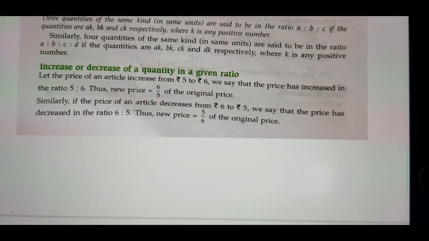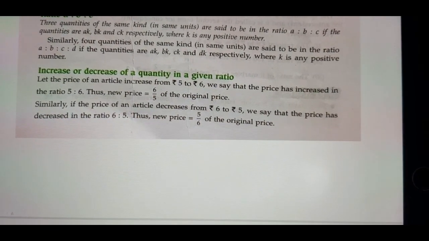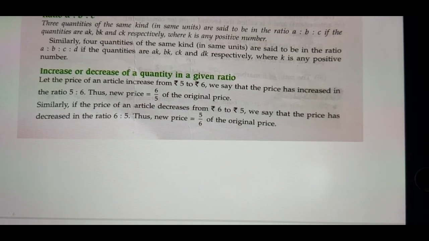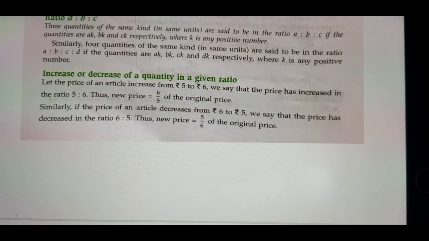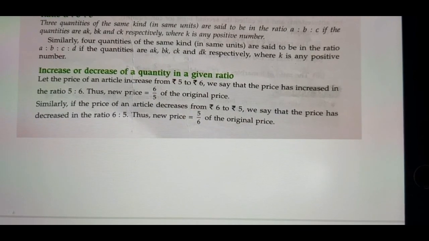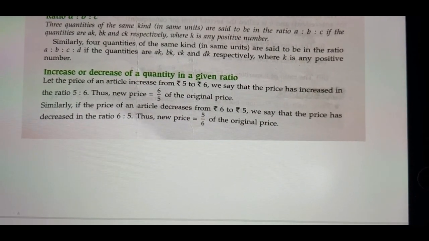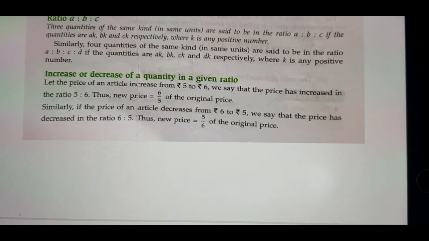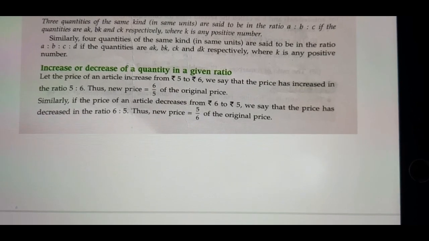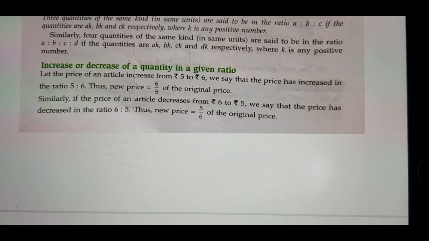Increase or decrease in a given ratio. For example, if the price is increased from 5 to 6, then the price has increased in the ratio 5 is to 6. The new price will be 6 upon 5 of the original price. Similarly, if it decreases from 6 to 5, then we say the price has decreased in the ratio 6 is to 5, that is 5 upon 6 of the original price.